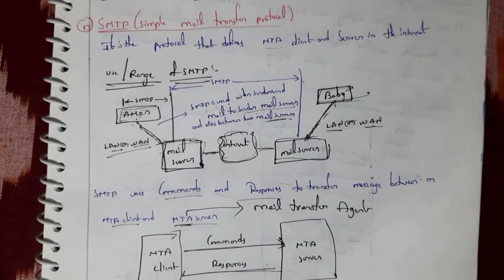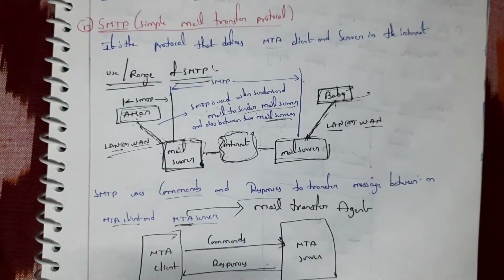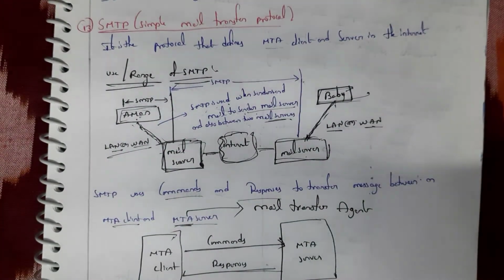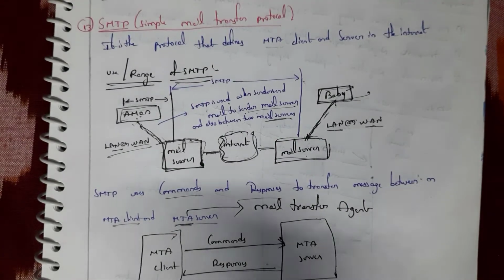Let's start our video. SMTP stands for Simple Mail Transfer Protocol. The name itself says this protocol is used to securely transfer mails through the internet.